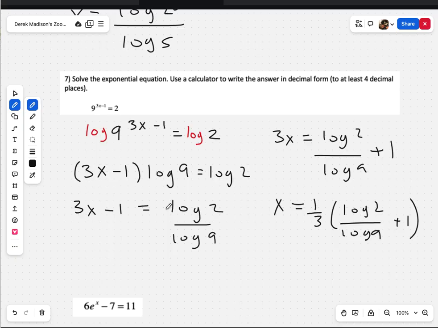So from here, just do log 2 divided by log 9, hit equals, and then add 1, so plus 1, equals again, divide by 3, equals. So you're adding the 1 and then dividing by 3 and letting the calculator do all the work of keeping track of all that. So if you successfully get that into the calculator, and I do recommend doing that there, 0.4385 is what you should get.